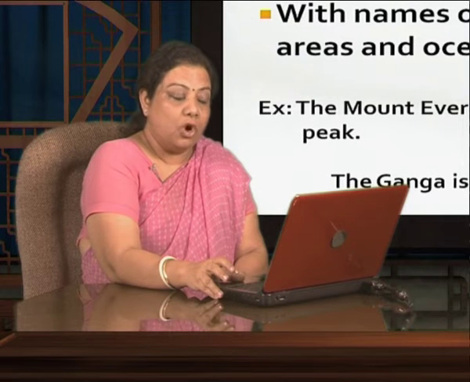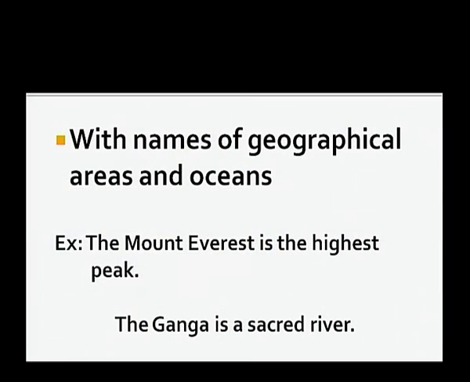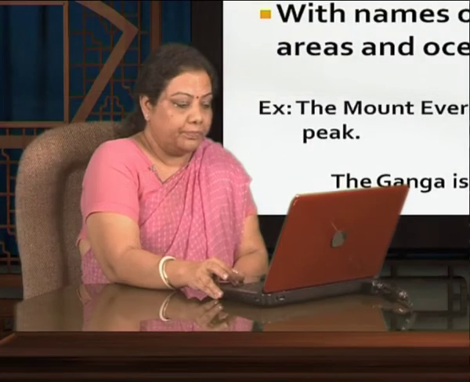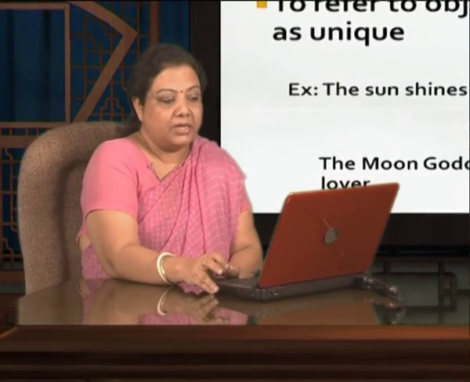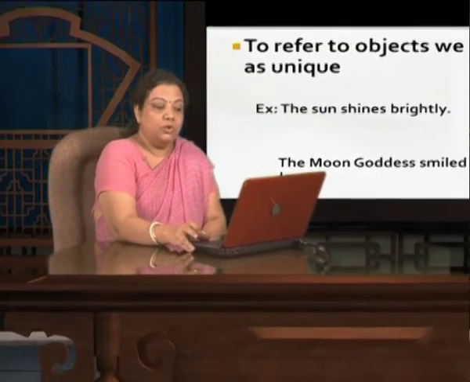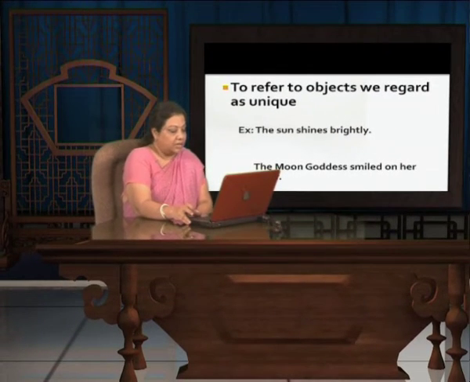With names of geographical areas and oceans also, we use the and not a or an. Example, Mount Everest is the highest peak, or the Ganga is a sacred river. To refer to objects we regard as unique, we use the definite article.